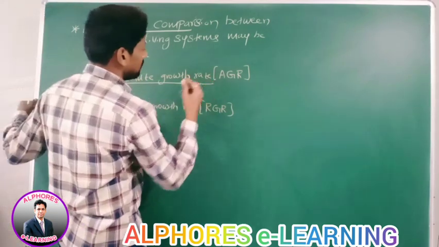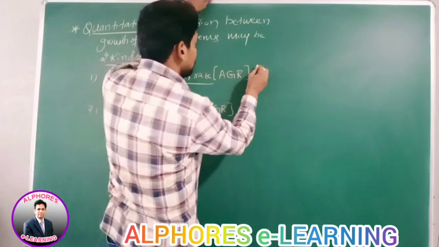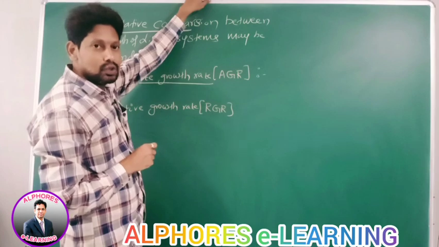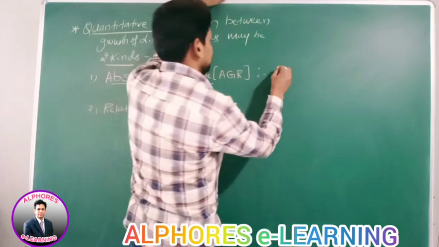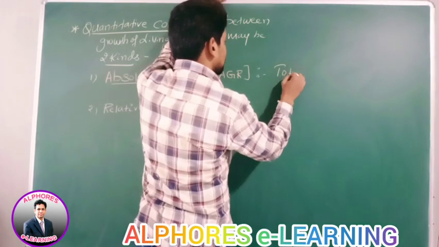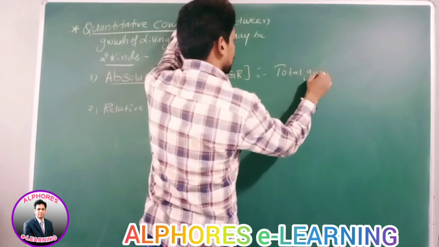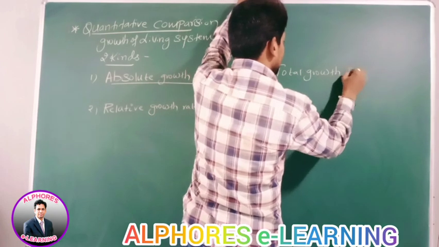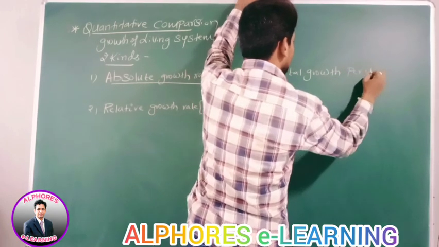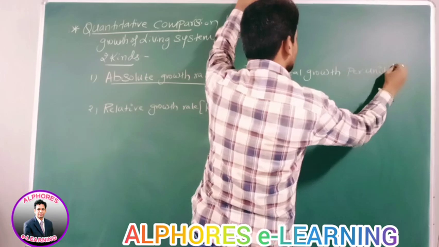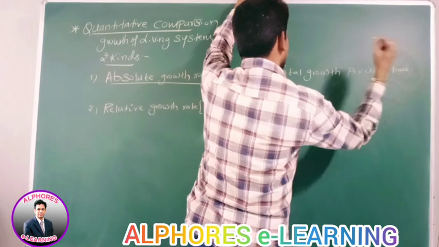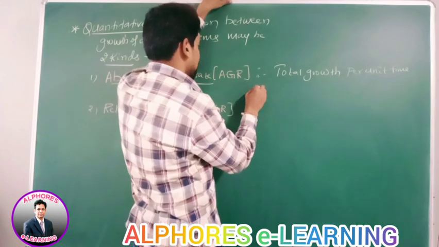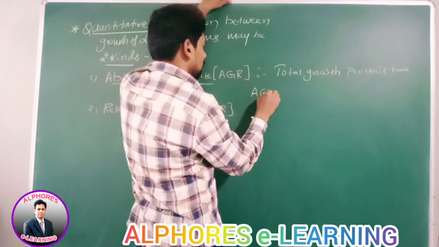What is absolute growth rate? Absolute growth rate means total growth per unit time. What is the formula for this absolute growth rate?